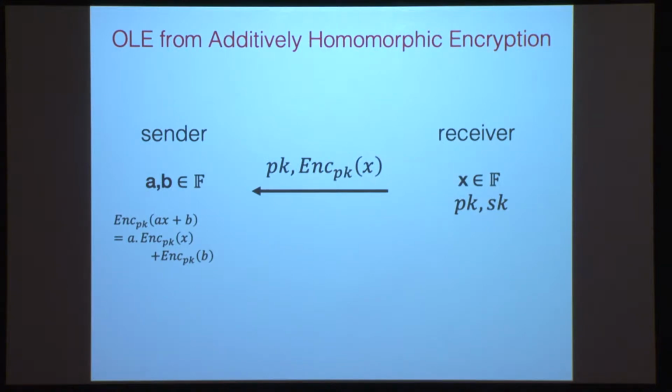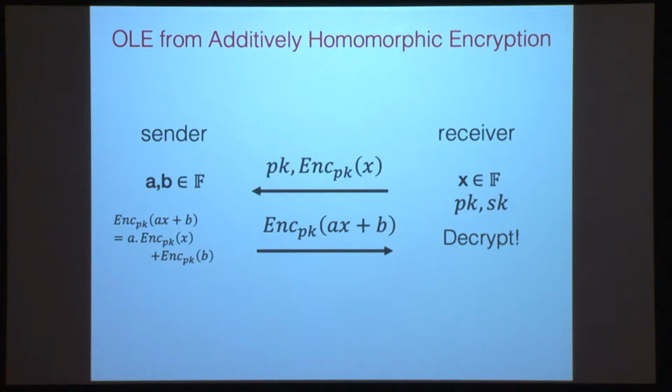Since it's public key, you know how to get an encryption of B. You add it, and you have an encryption of AX plus B. The sender returns this to the receiver, who can decrypt and learn the answer. The encryption gives you the necessary privacy properties for this computation. But as written, this is only semi-honest, or honest but curious.